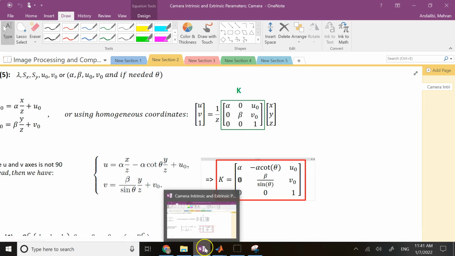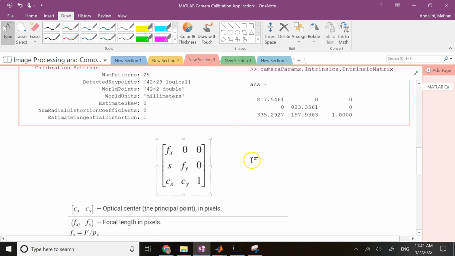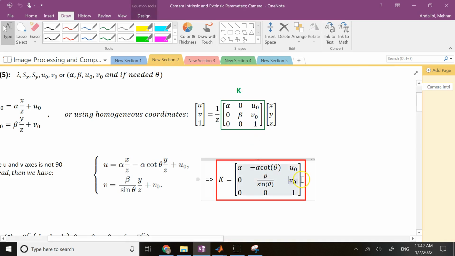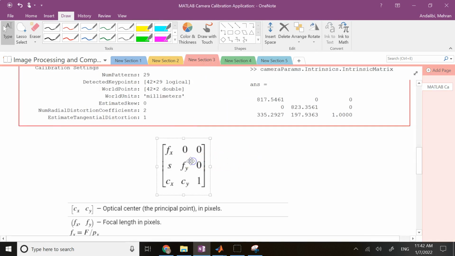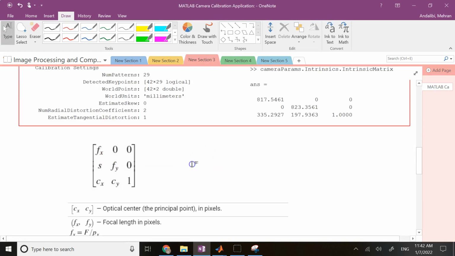So now if we go back and look at this case here, this matrix that you see here is the same as that K, except it is the transpose of that. So one thing that you have to recognize when you use the camera calibration app, the K that you see is the transpose of the K that we introduced in the previous video.